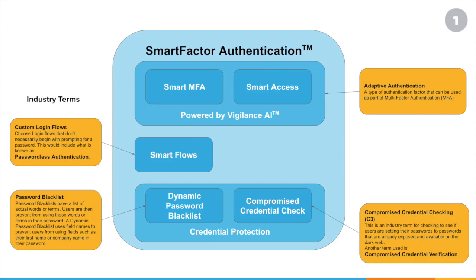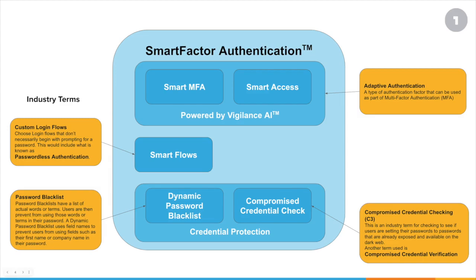The last two components are dynamic password blacklist, which can prevent users from specifying passwords that include their name or the company name or commonly used passwords like password123, and compromised credential checking, which compares the password or the combination of username and password to a list of known credentials that have been hacked and prevents users from using them as well.